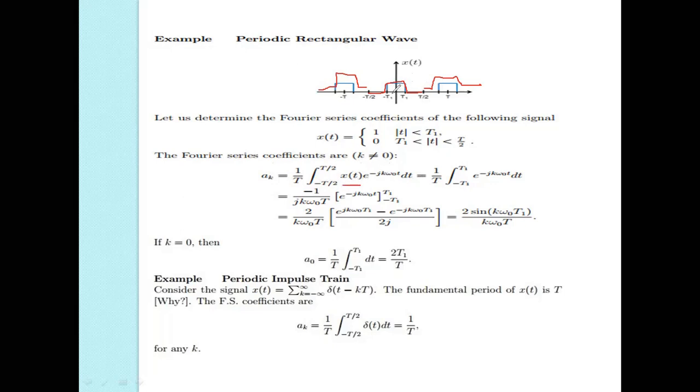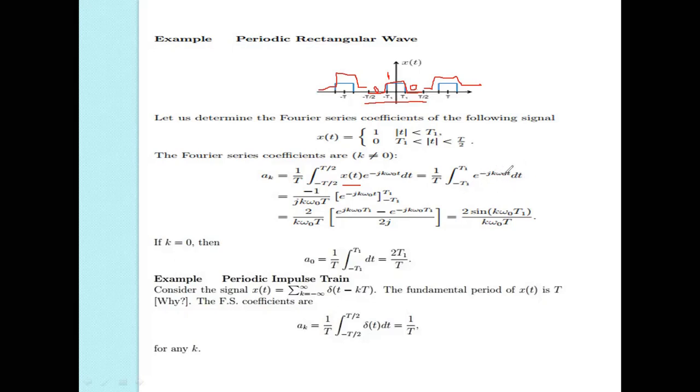X of t has a magnitude of 1 only in the region from minus t1 to t1, and outside it the value is 0. So rewrite the function as 1 by T, the integral from minus t1 to t1, of x of t, whose value is 1, e power minus jk omega naught t dt.